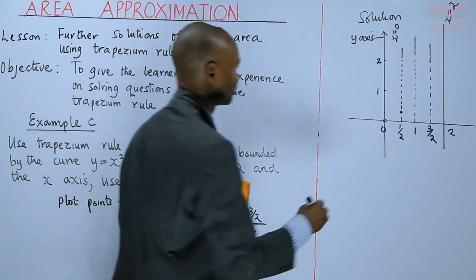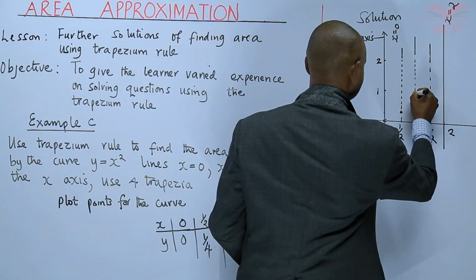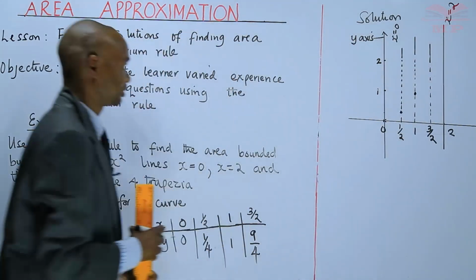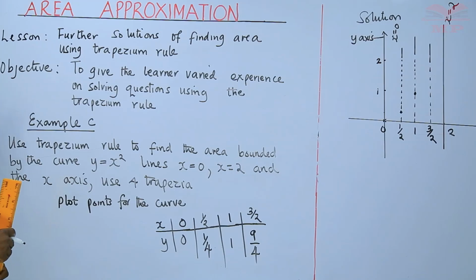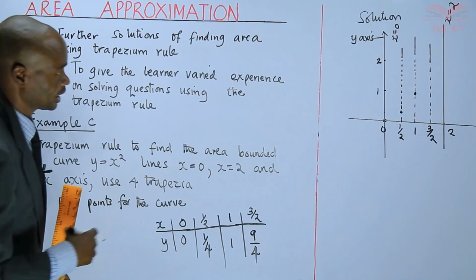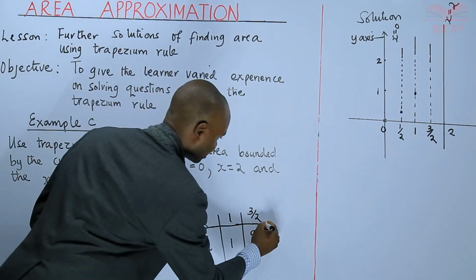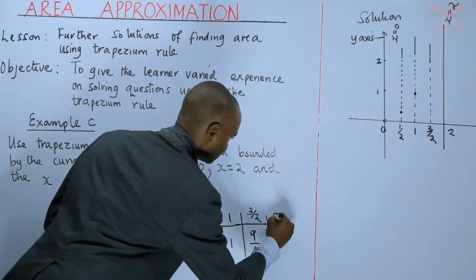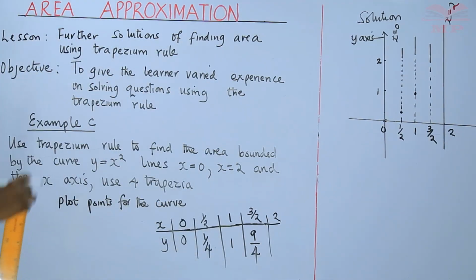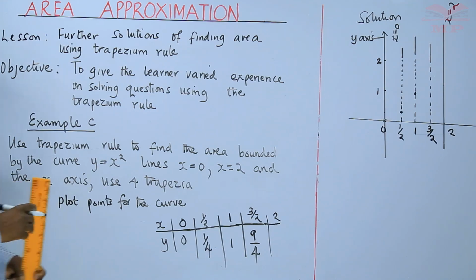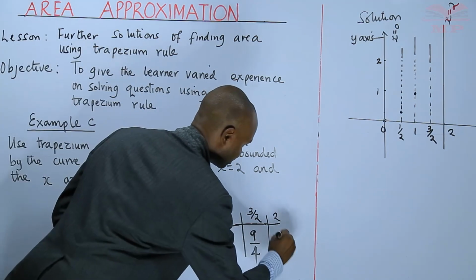When x is 1, y is 1. When x is 3/2, I had not completed, learner, we have to move to 2. When x is 2, the value of y will be 4.